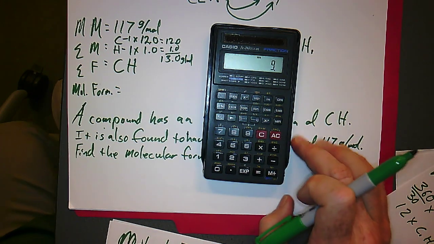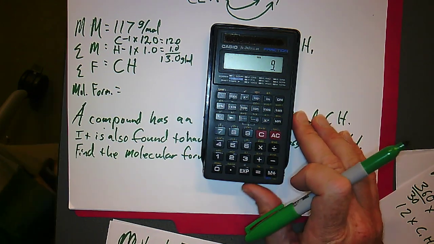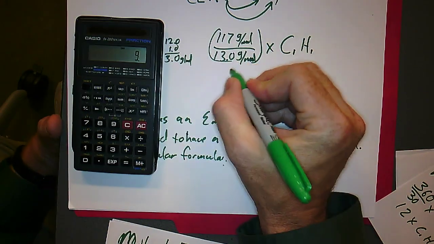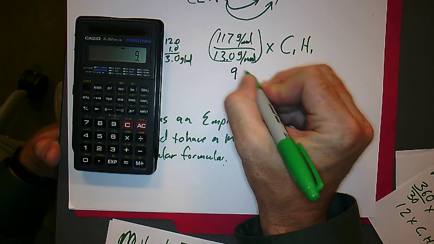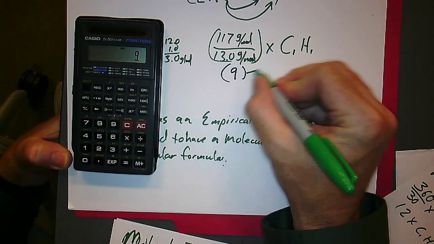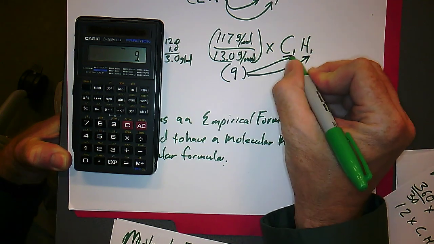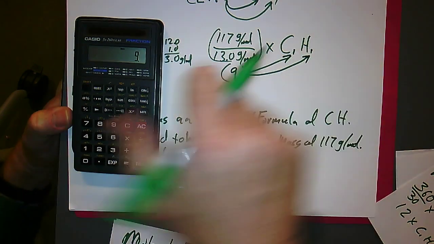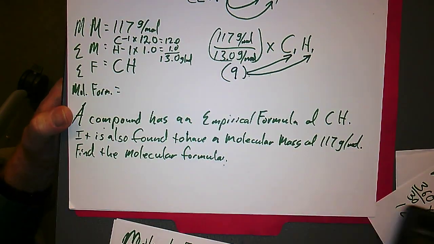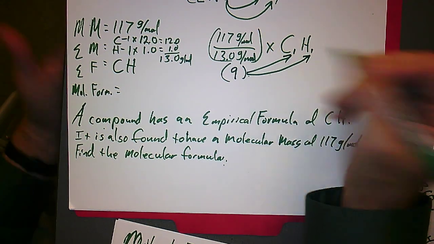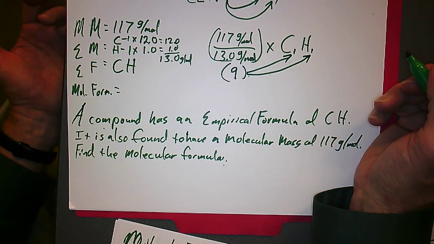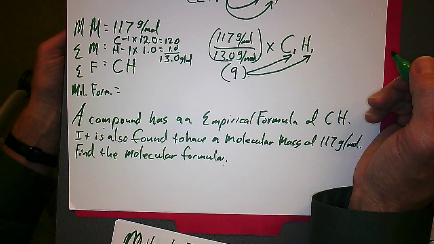And this one comes out to be exactly 9, right? So this together equals 9. So I'm going to take that and distribute it to both of these subscripts. I don't know if this is 100% the correct mathematical way to write it, but I'm going to. So what's 1 times 9? 9. What's 1 times 9 again? 9.